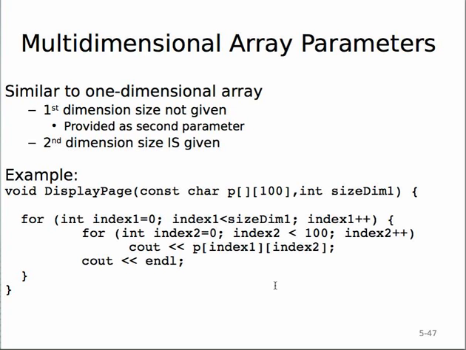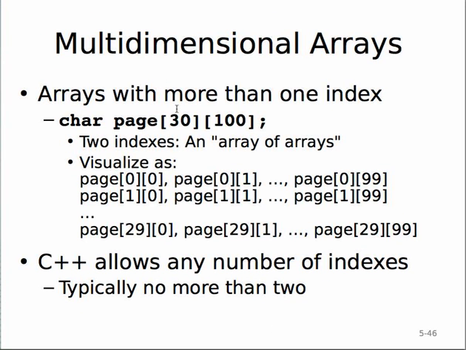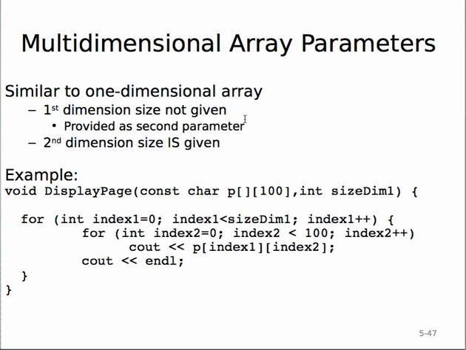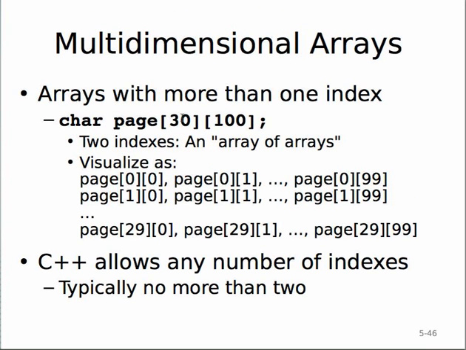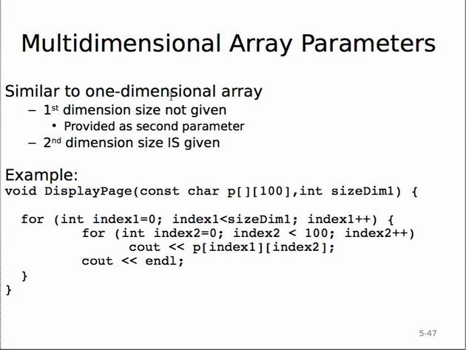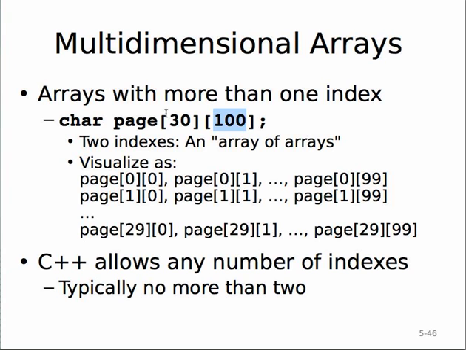So right now we'll just assume that the size of each of these things, and this is called the dimension. Sorry, let me take that back. This is the first dimension, and this is the second dimension.